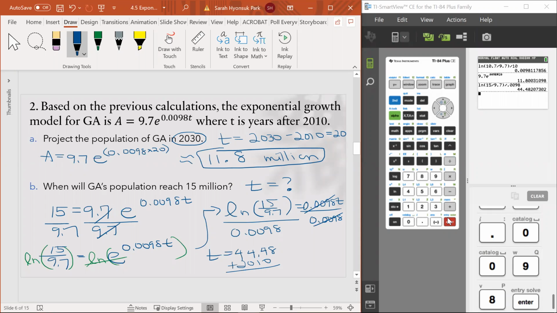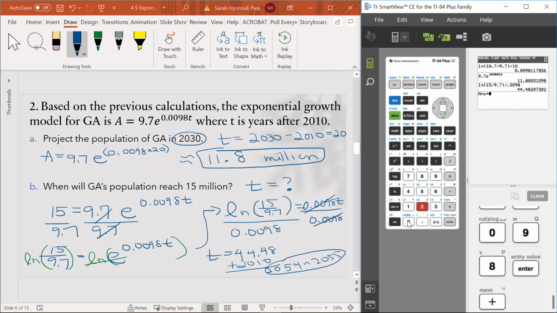So we have like 2054-ish, 2055. I think I would take both, because if you add that right to 2010, you get 2054.48. If you had put 2055, I think that would be fine too.